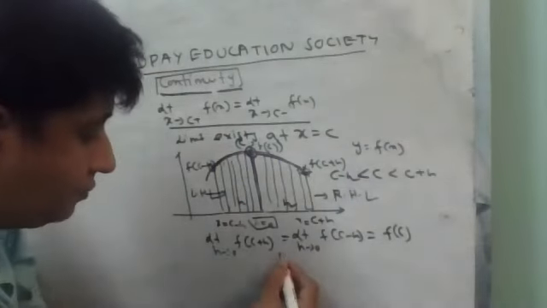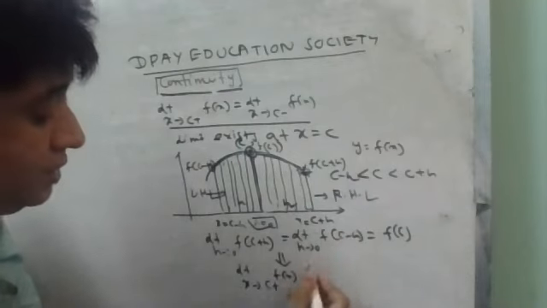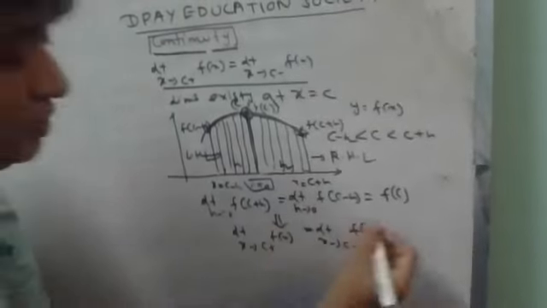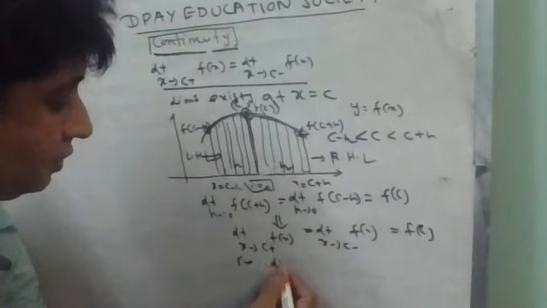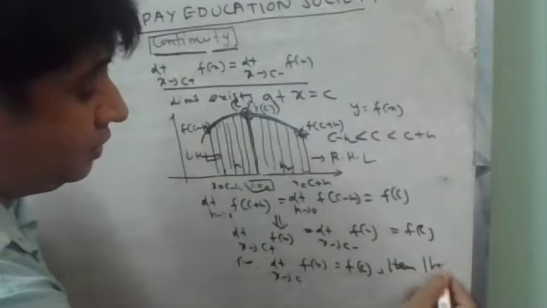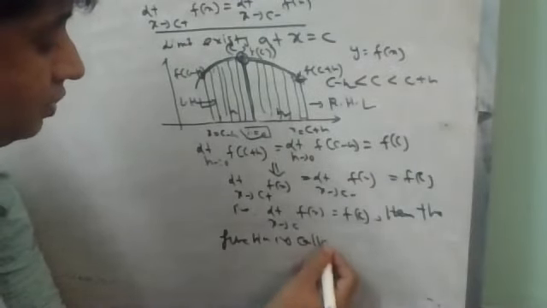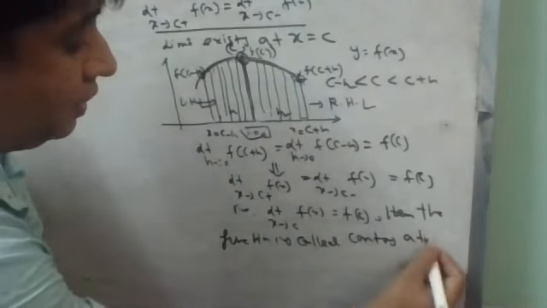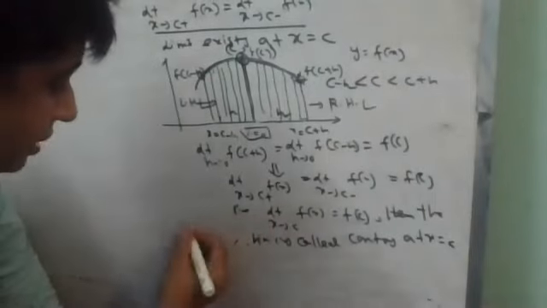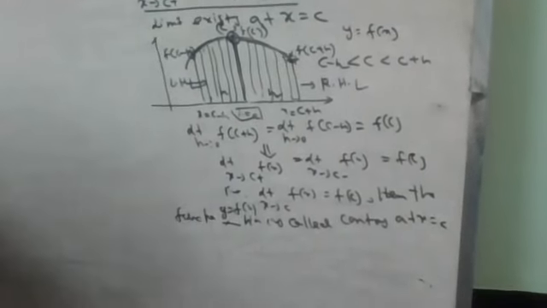Or in another way, we can say that if limit as x tends to c plus of f(x), the right hand limit, is equal to limit as x tends to c minus of f(x), is equal to f(c), that is, limit as x tends to c of f(x) is equal to f(c), then the function y is equal to f(x) is called continuous at x is equal to c.